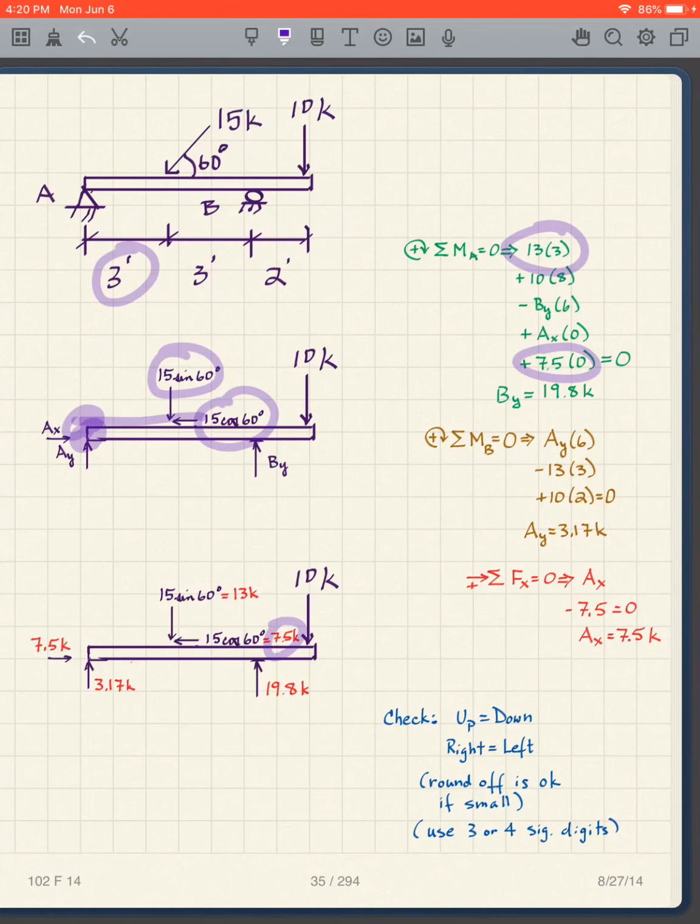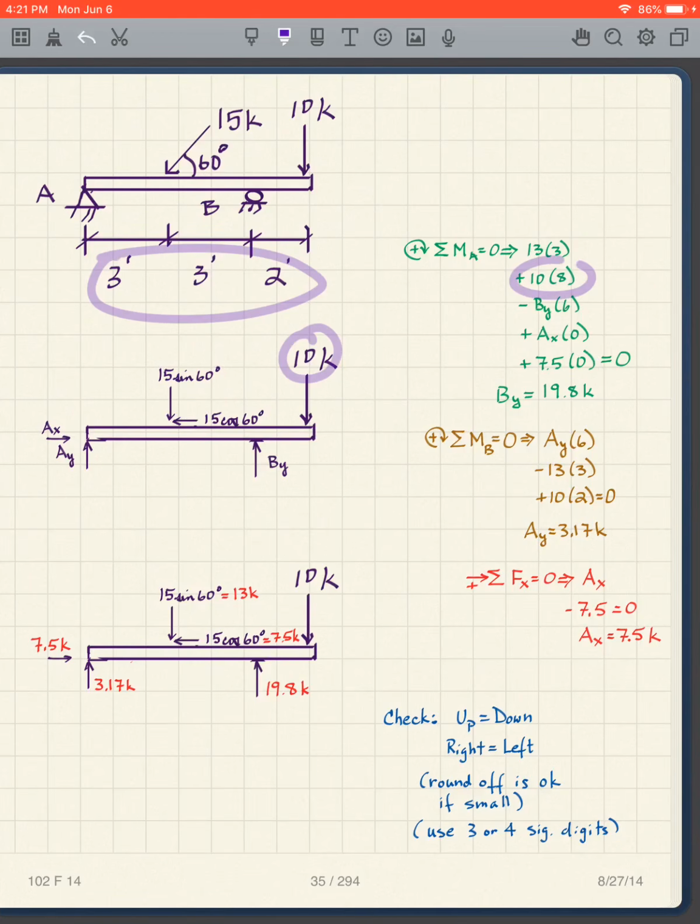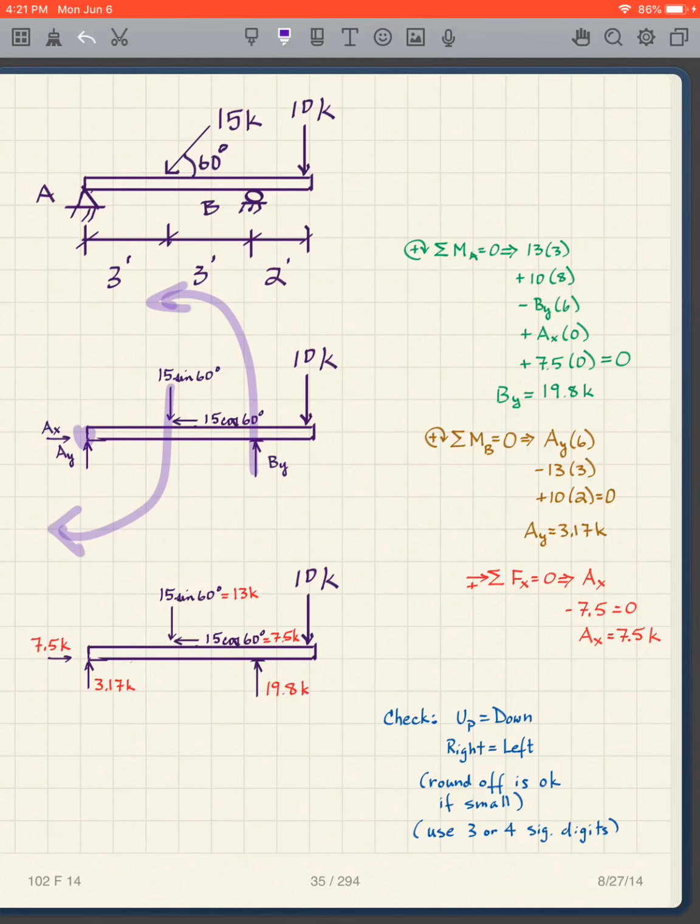The line of action goes through point A. Then we have 10 times 8, and we have By times 6, and of course Ax goes through the point, so we don't need to use that. And then we have to get the sign, so this is going to be clockwise, so it's positive, counterclockwise, so it's negative, clockwise, so it's positive.